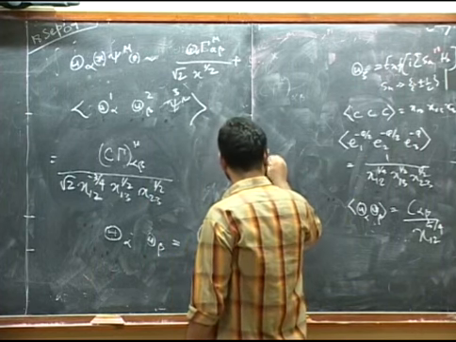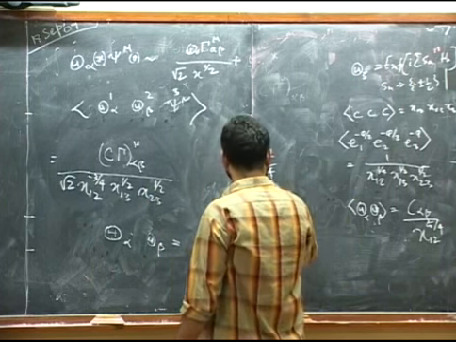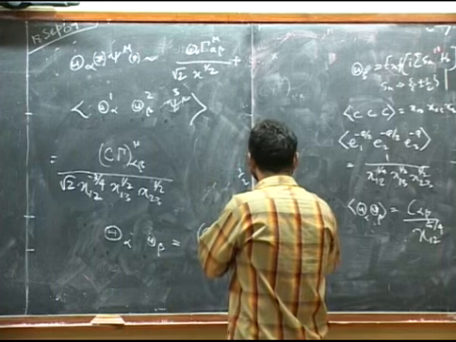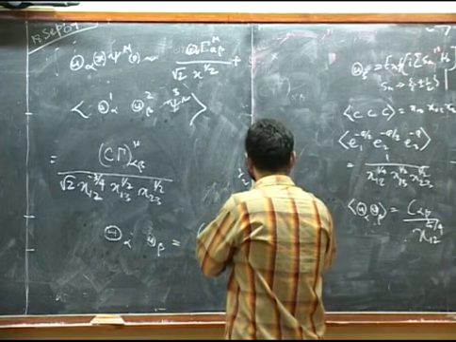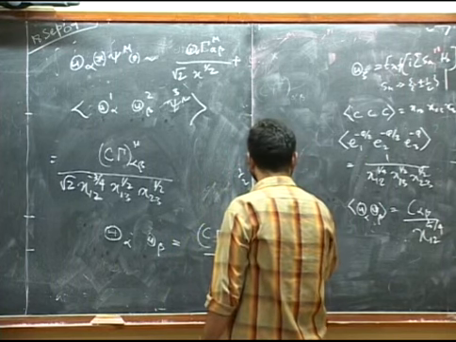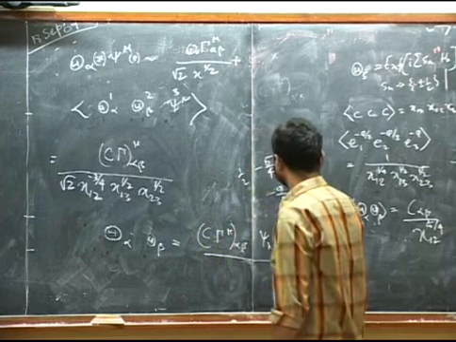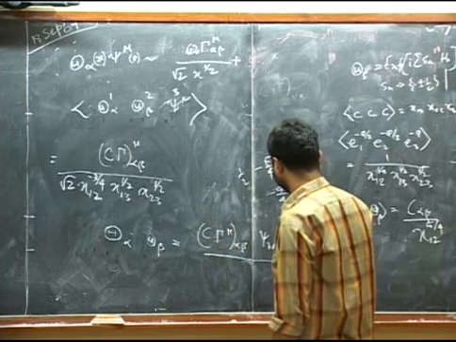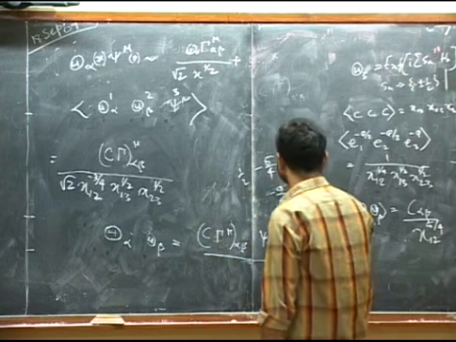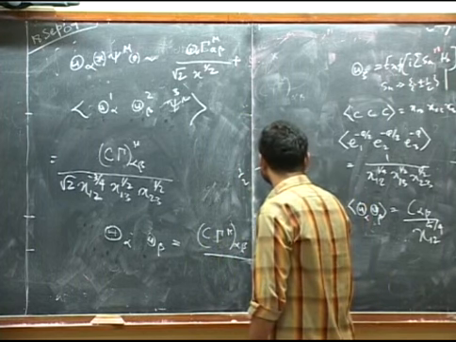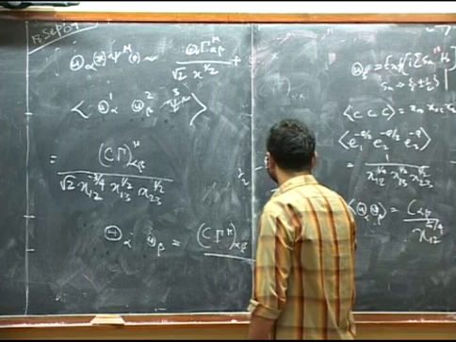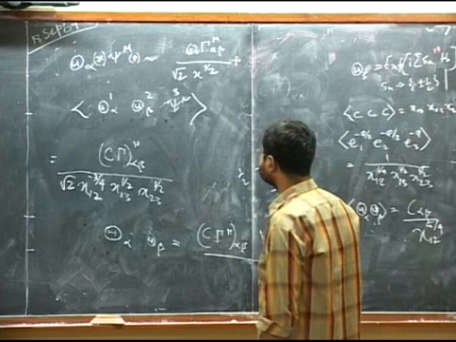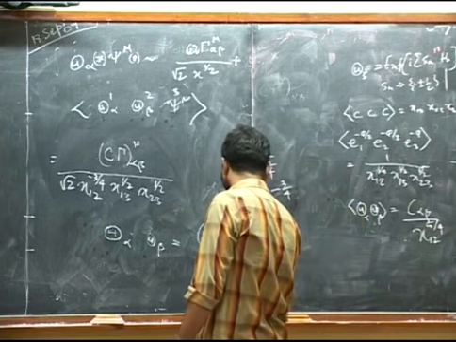Half minus 5 by 4. This is 5 by 4 minus 2 by 4, which is 3 by 4. Sorry, this is minus 3. Which is what you have there. Which is what I have there, and therefore x to the power 3 by 4.